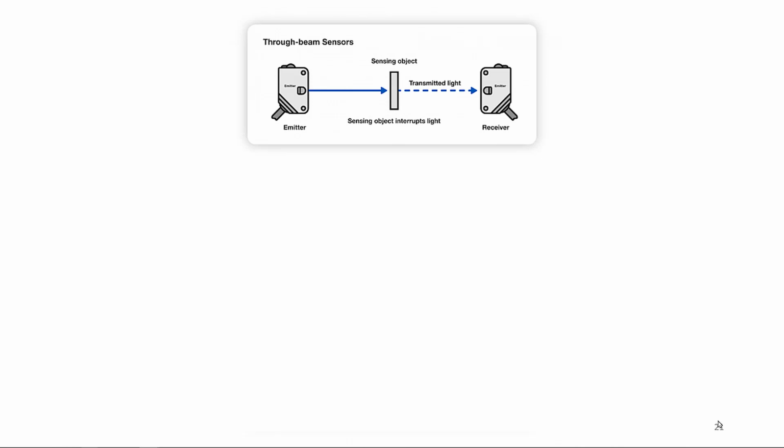Now this light can be modulated. In other words, the emitter can put out a certain frequency of light. That way the receiver can't get confused between extraneous light in the workspace and light actually coming from the emitter. So this is through beam, and this is probably the most deterministic of the choices for optical sensors.